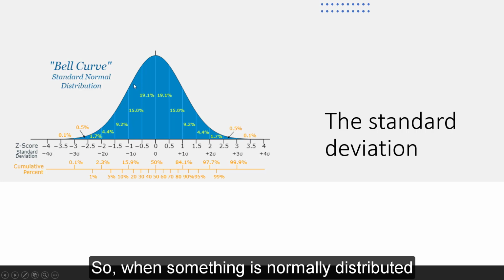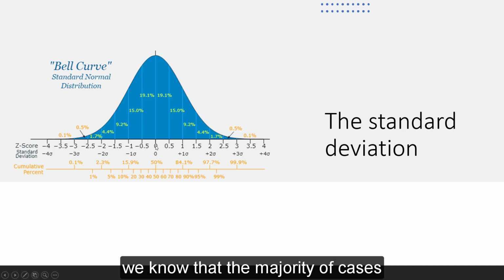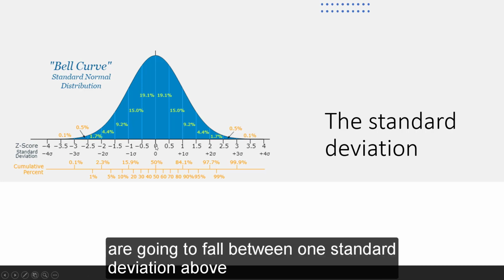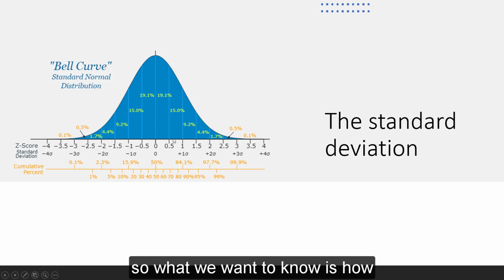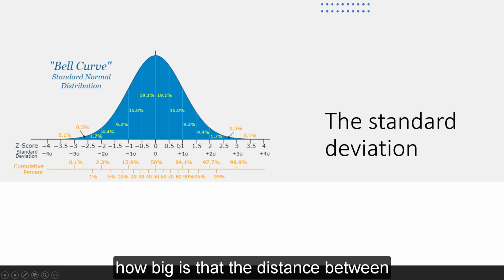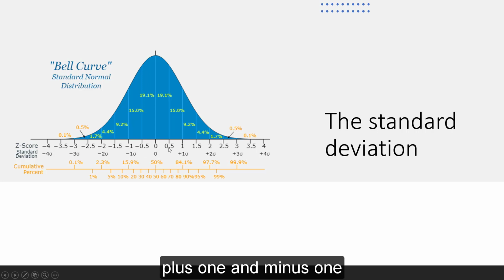When something is normally distributed, we know that the majority of cases are going to fall between 1 standard deviation above and 1 standard deviation below. So a large number of our cases are going to hit this peak in the middle. What we want to know is how big is that distance between +1 and -1 standard deviations?